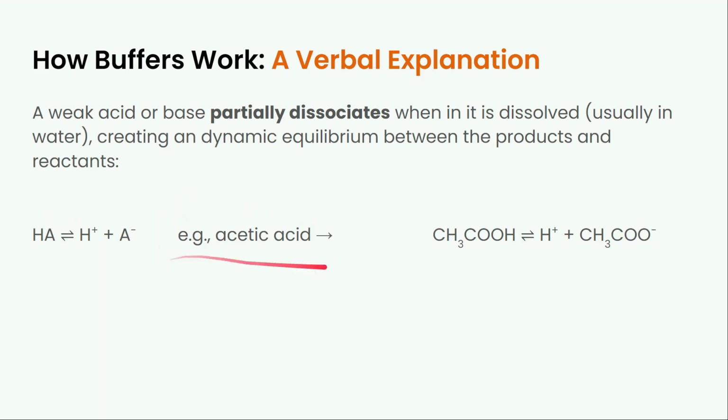We can substitute in a real chemical, and we'll use acetic acid, CH3COOH. If you dissolve some in water, it will partially dissociate into some protons and its conjugate base, CH3COO minus. That's the acetate anion, which is the conjugate base in this instance.